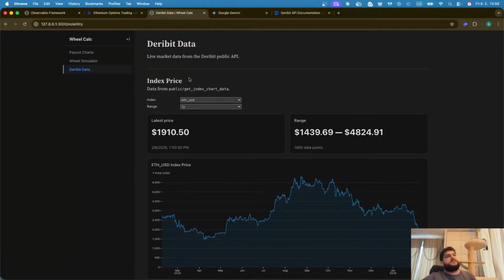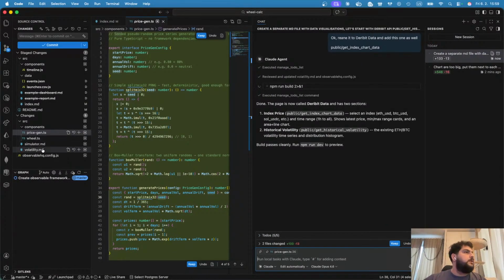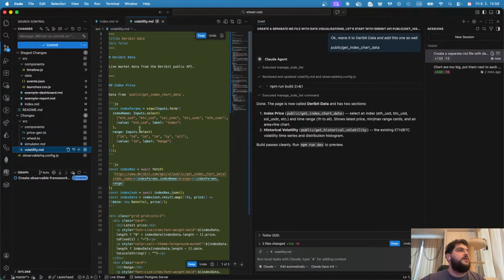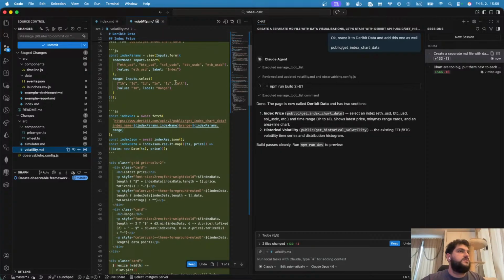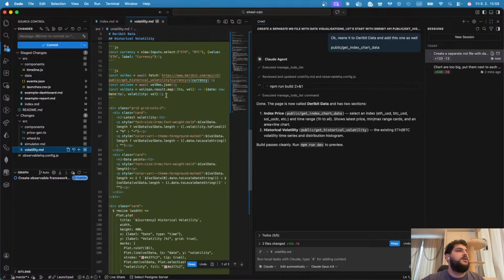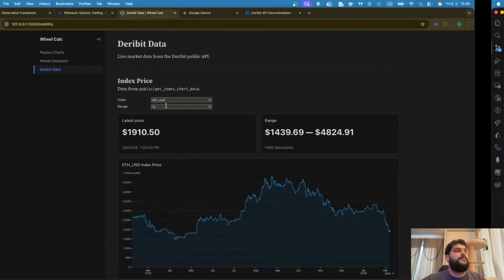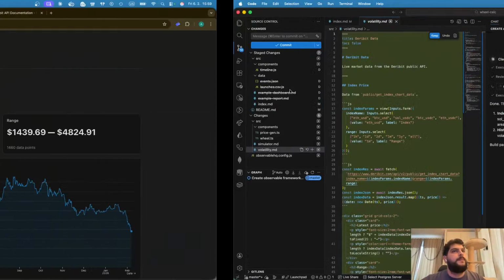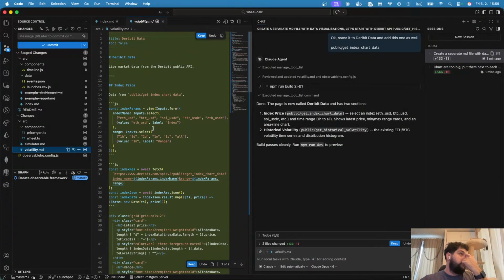Okay, I think it's suitable for us for backtesting. Let's see how it was implemented. Okay, so it's basically a fetch here directly. Okay, let's ask it to abstract the Deribit calls for reusability into components.